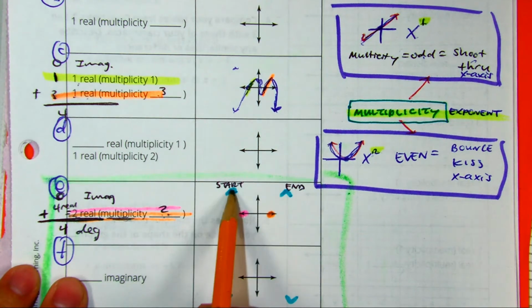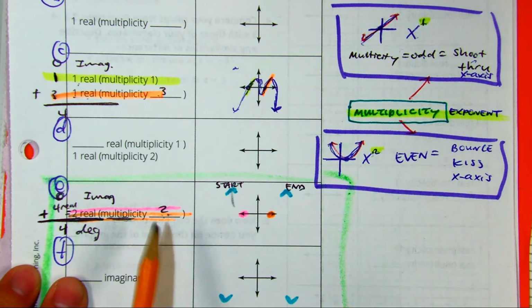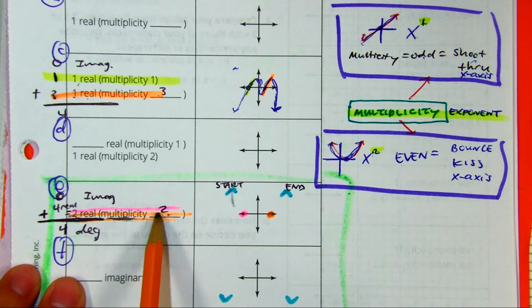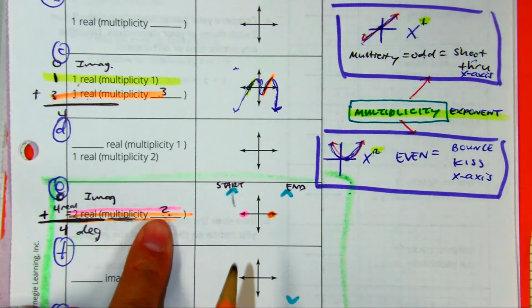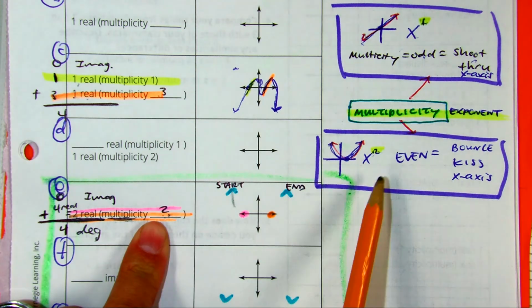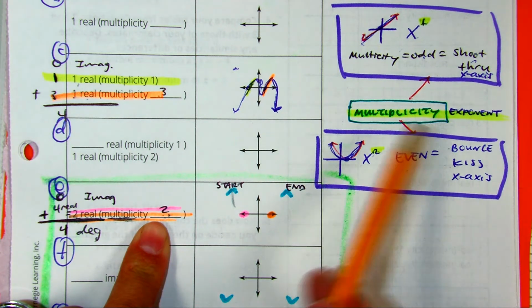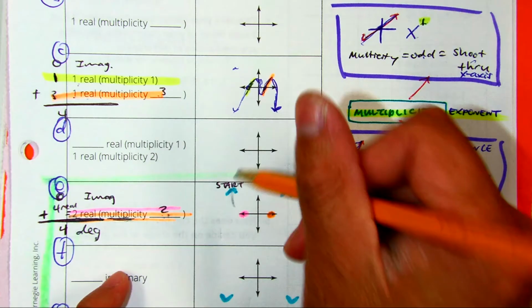As I start here, I'm approaching this pink 0, x-intercept. And it has a multiplicity of 2. Class, is multiplicity of 2 an even or odd multiplicity? That is an even number. So I'm going to go towards the pink and we're going to bounce or kiss. Okay? This is how it works.